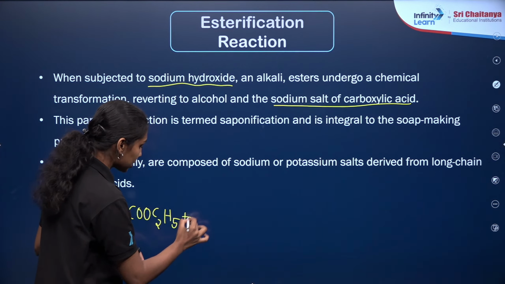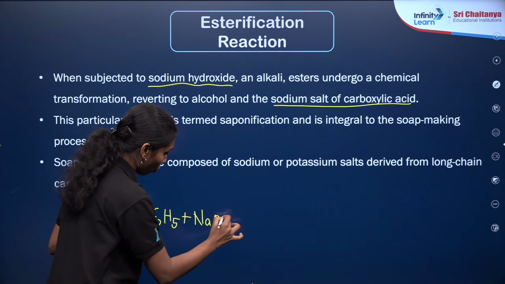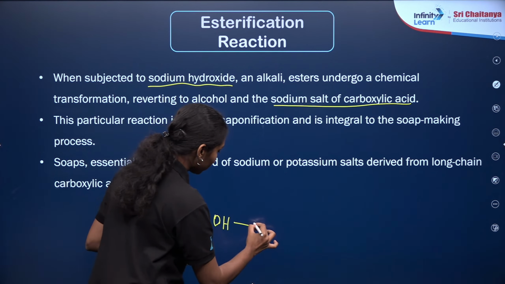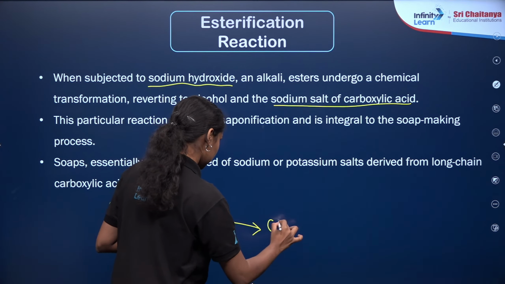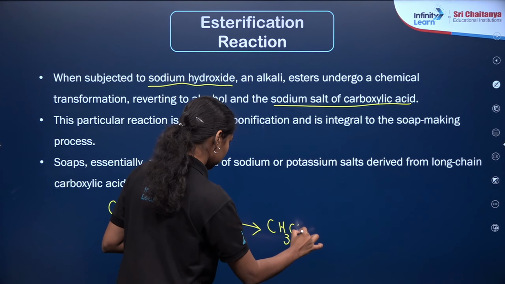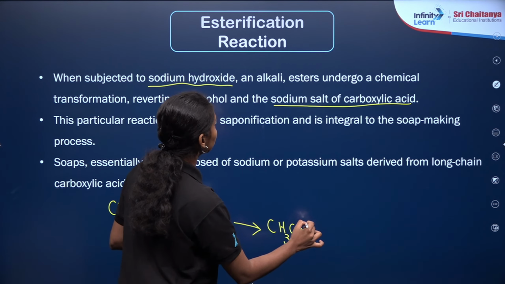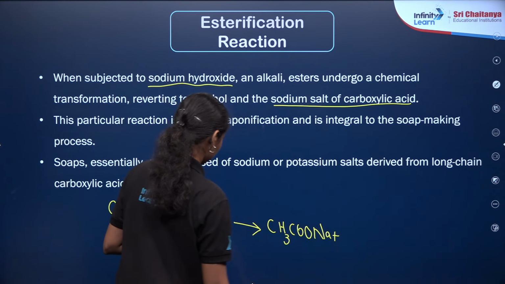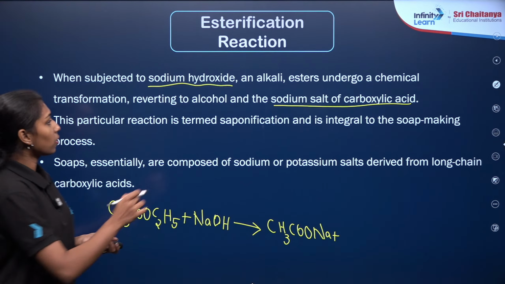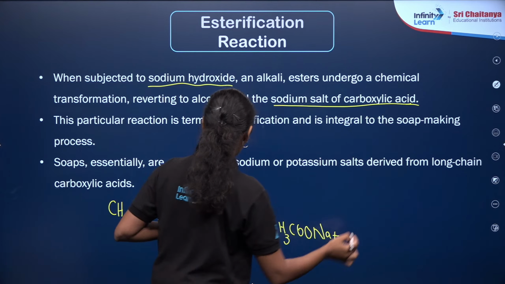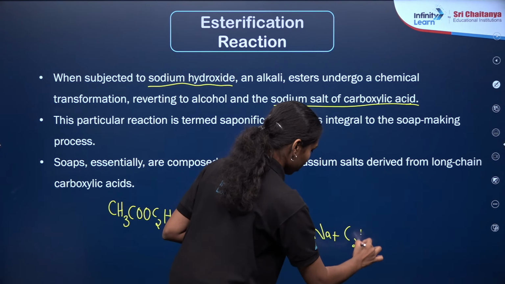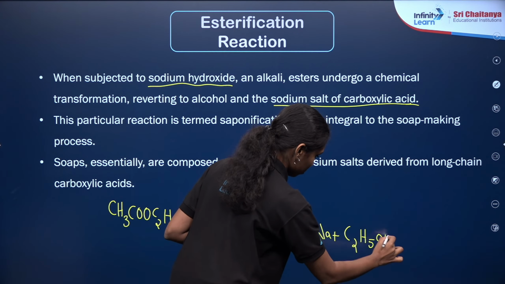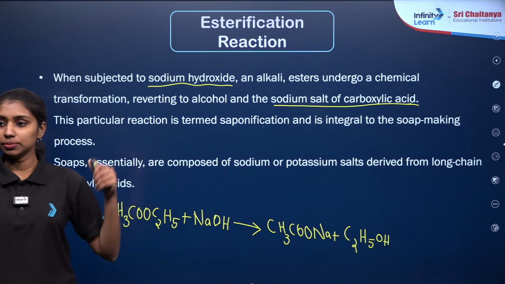So when we are treating this with an excess of alkali like NaOH, what is it forming? It will be forming the sodium salt of carboxylic acid and reverting the alcohol here. Okay, did you understand this point?